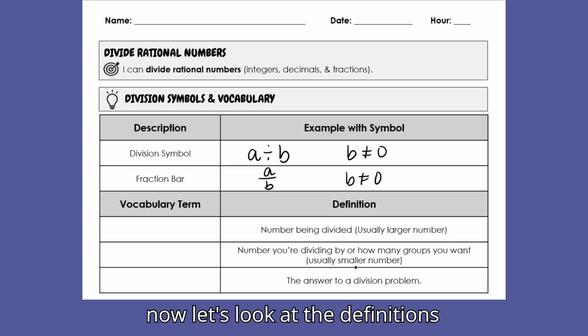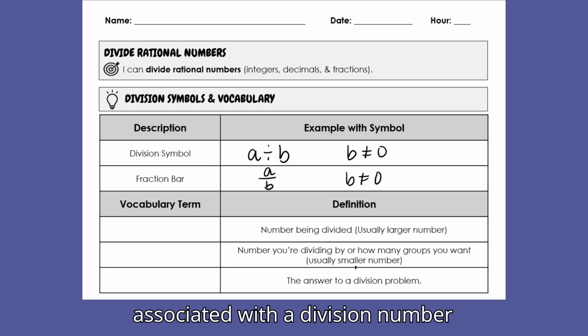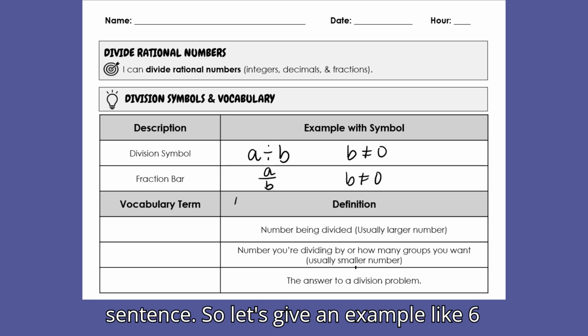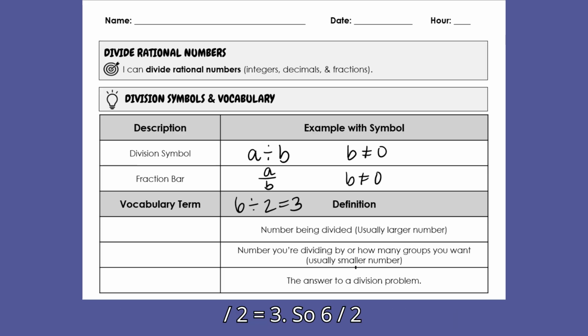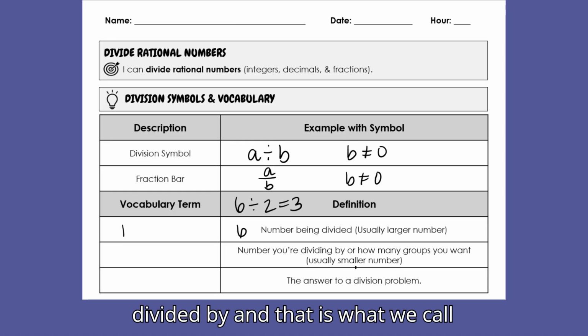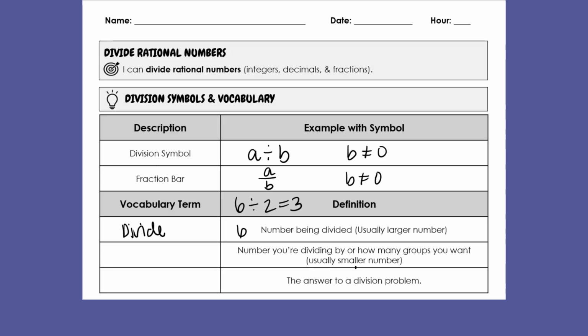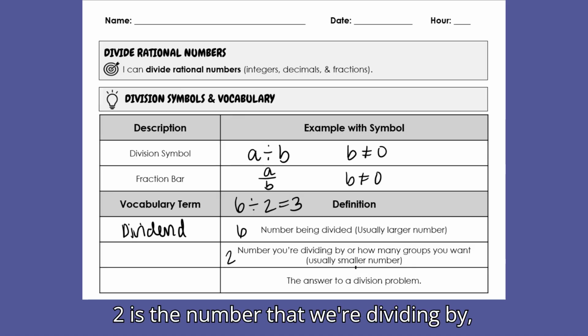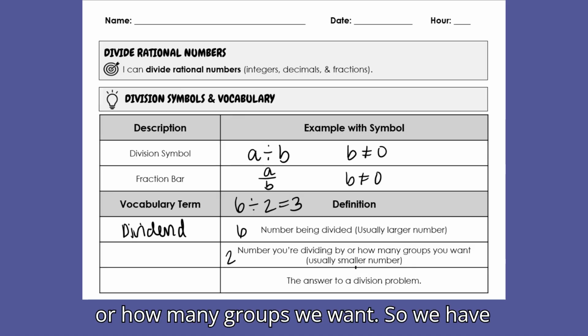So now let's look at the definitions associated with a division number sentence. Let's give an example like 6 divided by 2 equals 3. 6 would be the number being divided, and that is what we call the dividend. 2 is the number that we're dividing by, or how many groups we want.